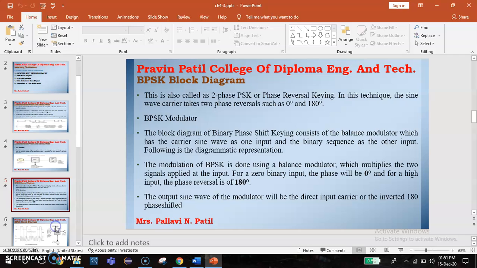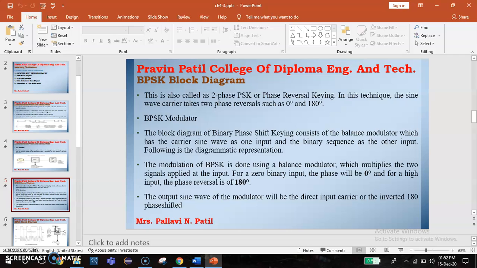The next is the BPSK block diagram. This is the waveform. BPSK means binary phase shift key. This is also called two-phase PSK or phase reversal key.